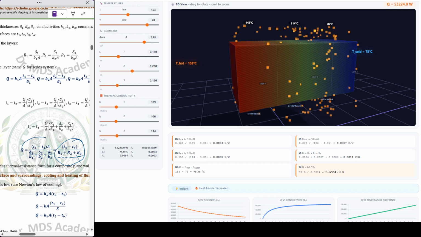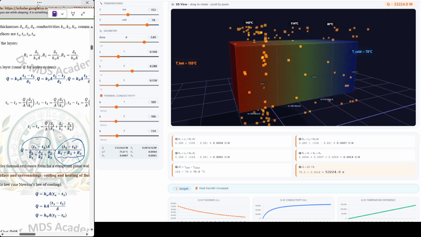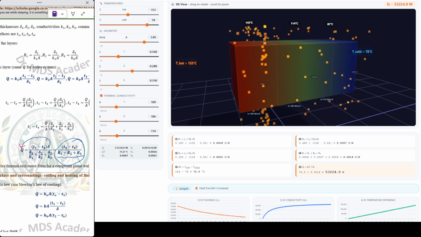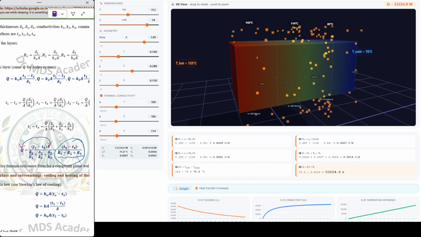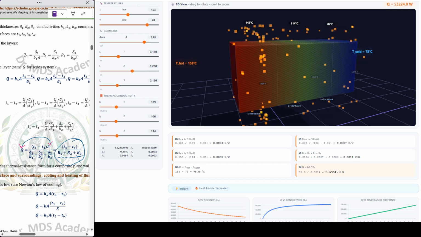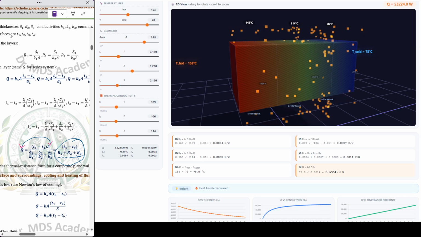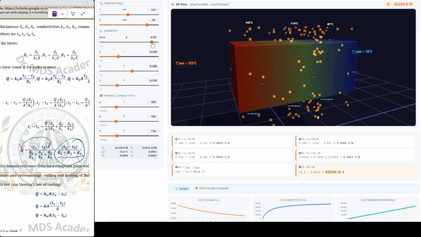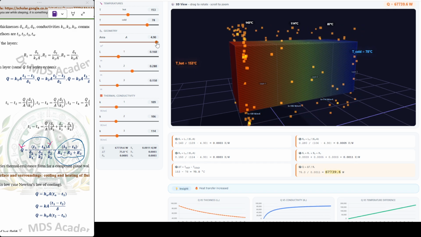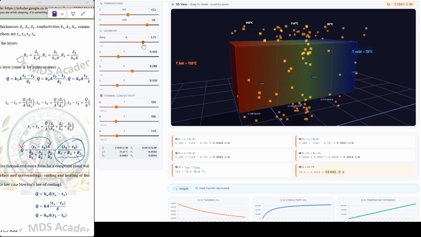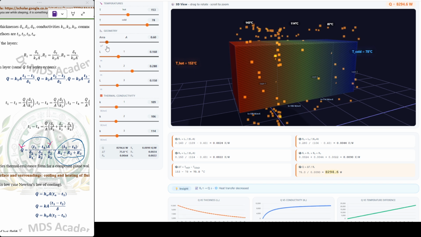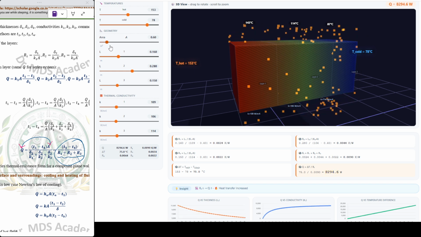So more is the A value, more is the Q. See, Q is rising. With less A, Q is less. As I am decreasing the A value, the Q value is also decreasing.